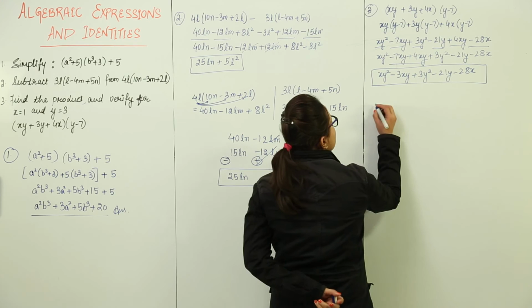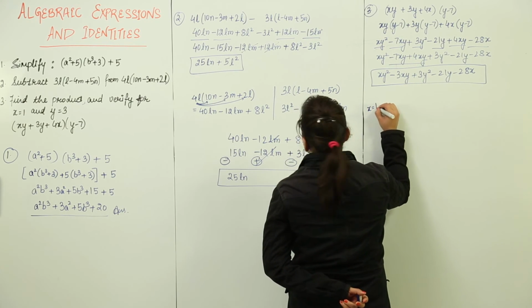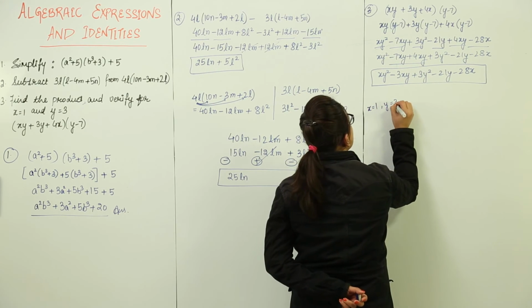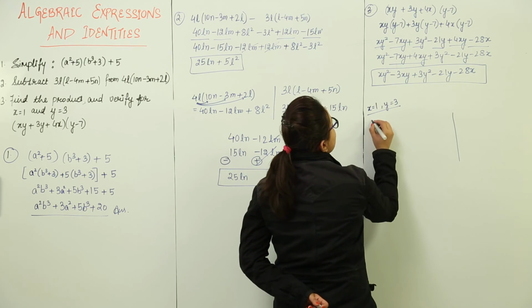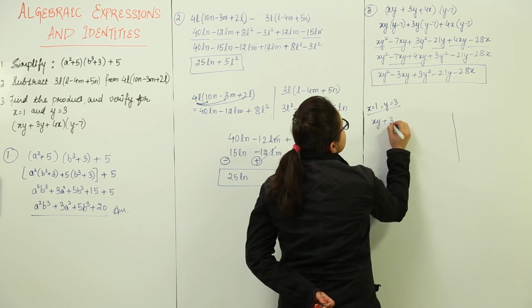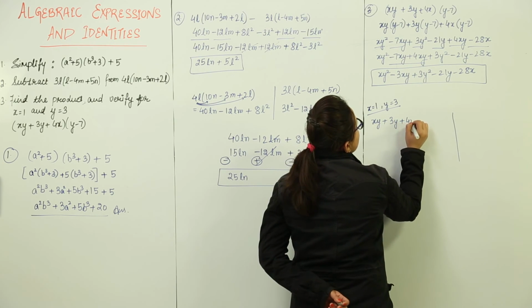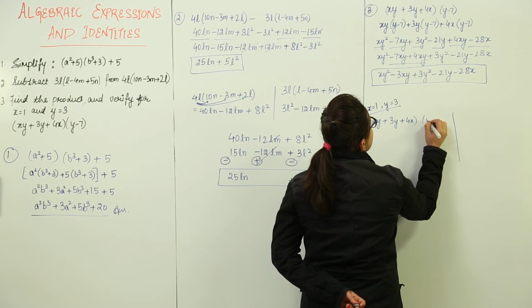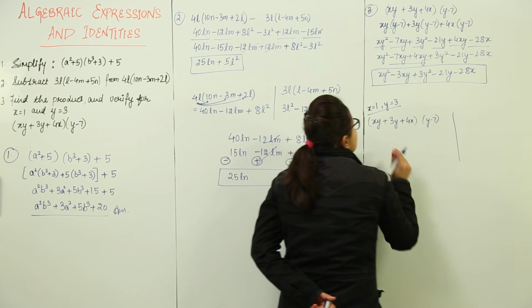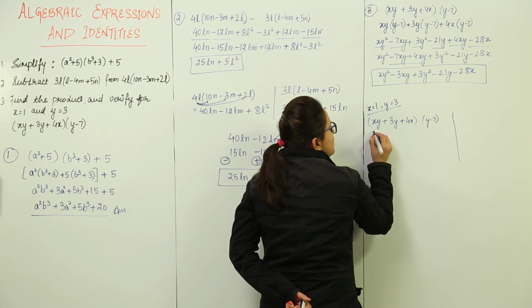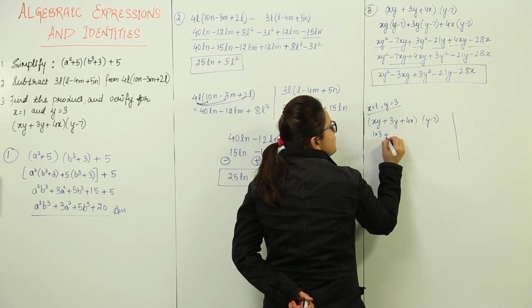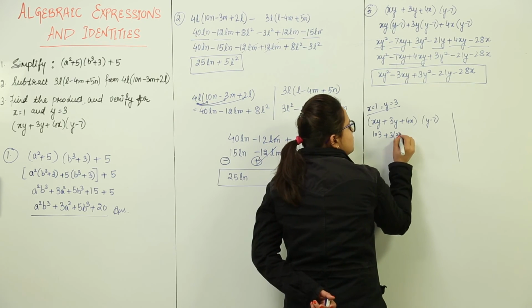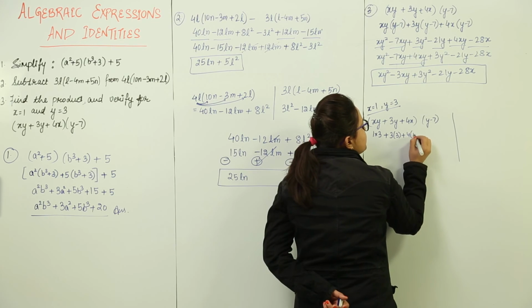How do we do that? First of all, I will be writing x is equal to 1 and y is equal to 3. I am doing it in two parts. The first part would be my question. It was xy plus 3y plus 4x multiplied with y minus 7. So if we put the value of x as 1, that means 1 into what is y? 3 plus 3 into 3 plus 4 into 1.